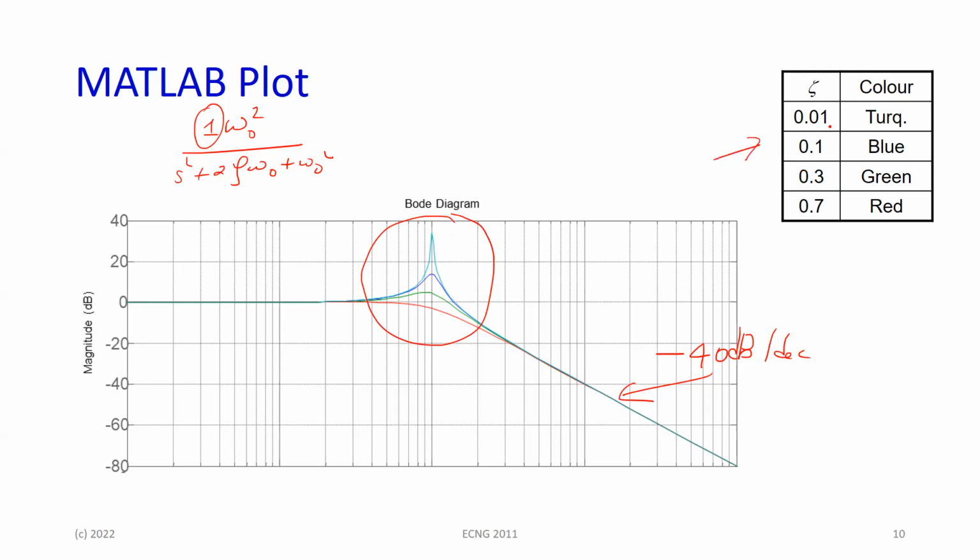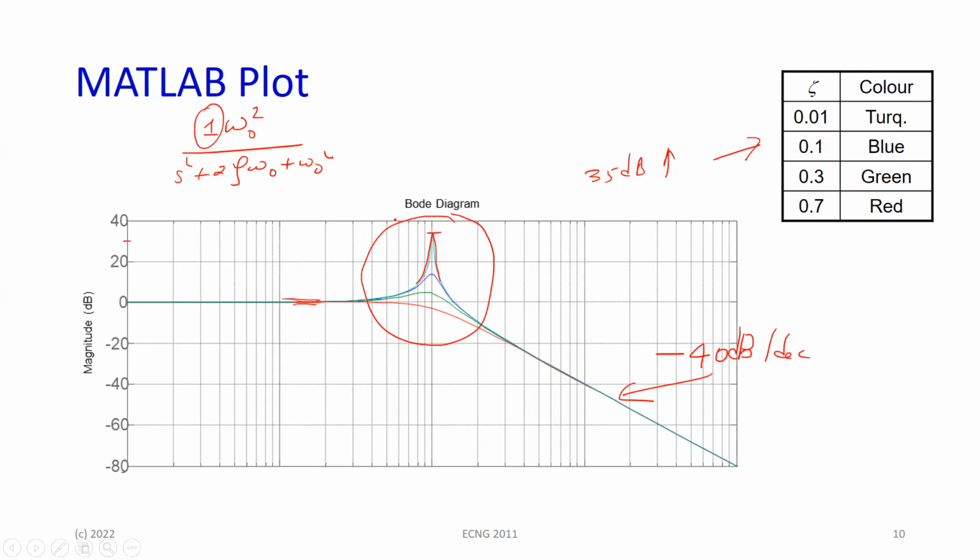When the damping factor is very close to 0, like 0.01, notice that you have a very high peak in the response. It goes from low frequency at 0 up to something like about 35 dB peaking, and then it comes back down.